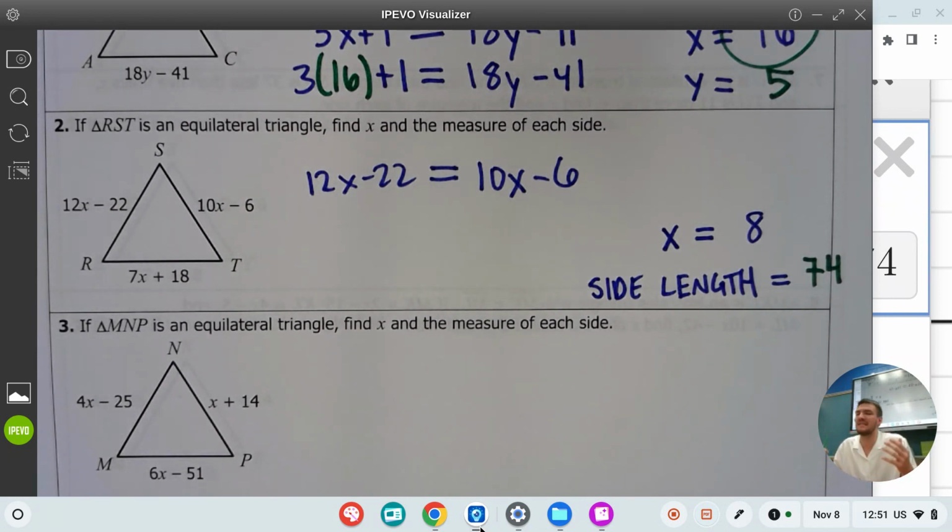And I know that this seems like, Mr. Carr, of course, equilateral, they're all the same, duh. But yeah, there's not much to this. So if you can stay on top of it, remember, we just took a test. This is the first couple days after a test. If you can be really good at this foundational stuff, you're going to be set up well.